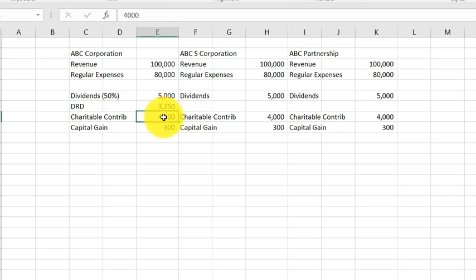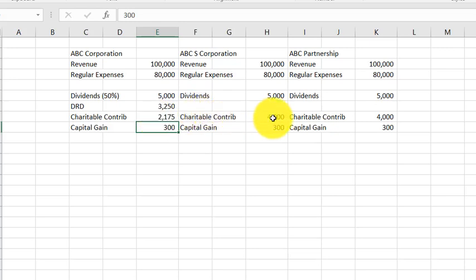Okay, so you got 21,750, and so the charitable contribution of 4,000 would be limited to 10% of that. So you would only be able to deduct 2,175, okay? And the rest of it would be carried forward to future years, can only be used for the next 5 years, but would also be limited to 10% in those future years.